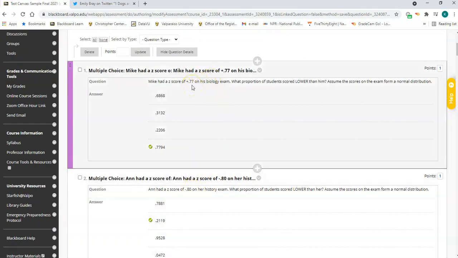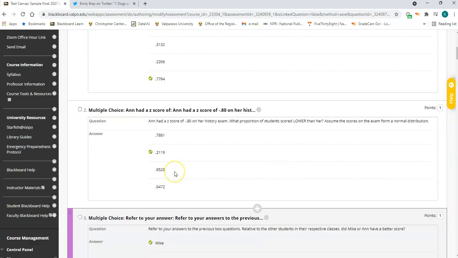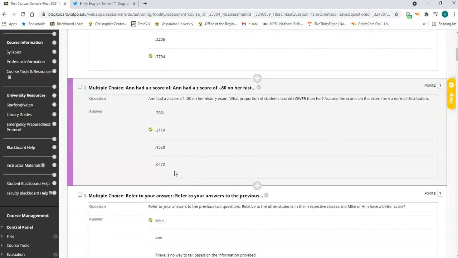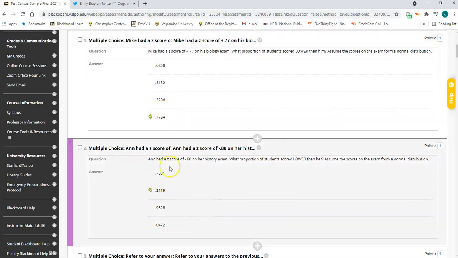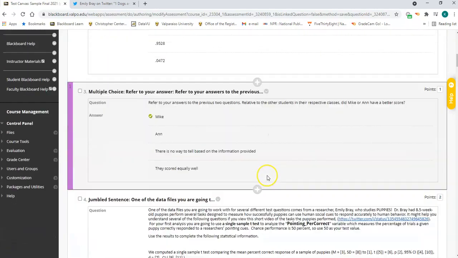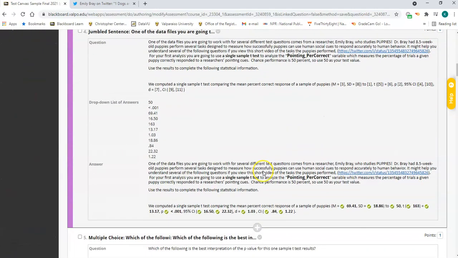Scores that are more positive or further from zero are going to be better. So that's how you would answer that question. So Mike did better. After all, you could use the percentages too. He did better than about 78% of the folks, and Anne did better than, say, 21%. So clearly, that's better. All right, now we're going to jump into some jamovi stuff.